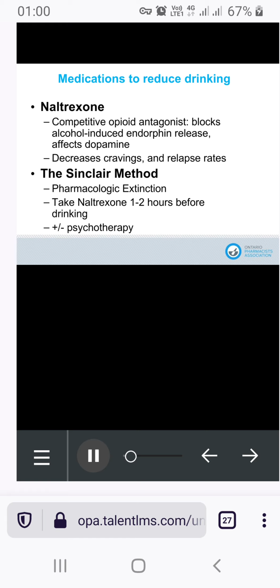Take naltrexone 1 to 2 hours before drinking. Positive negative psychotherapy.